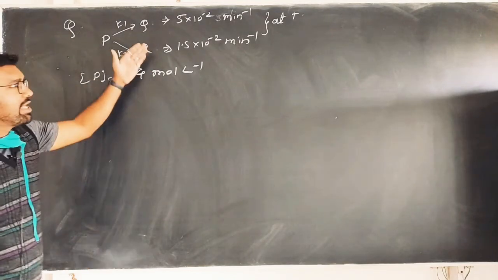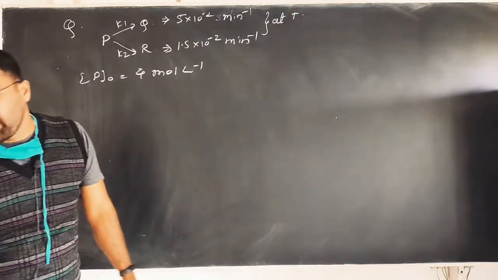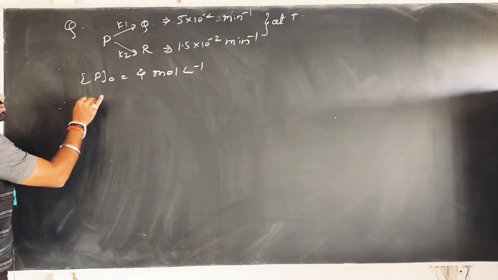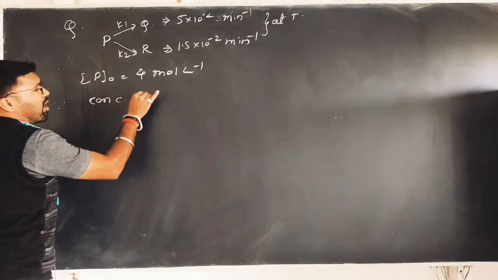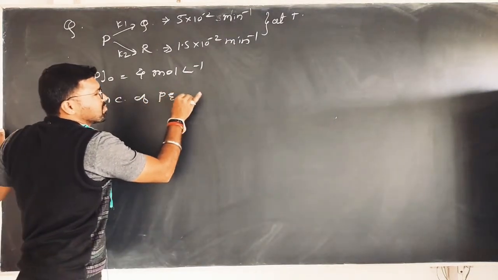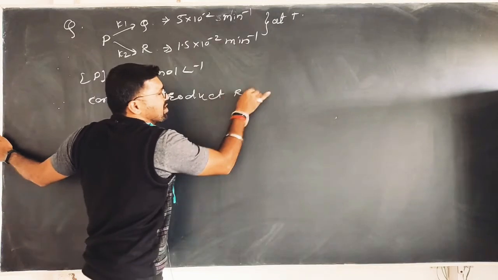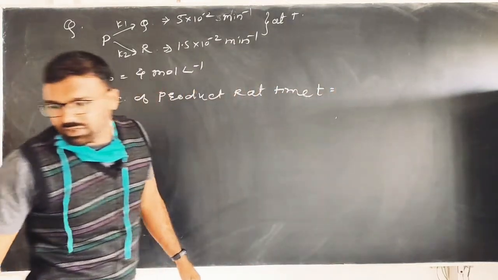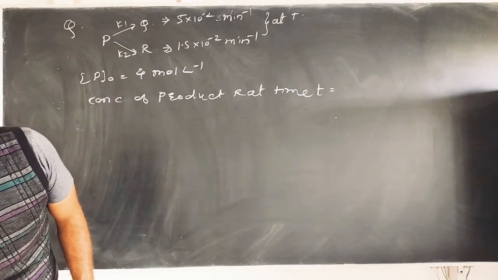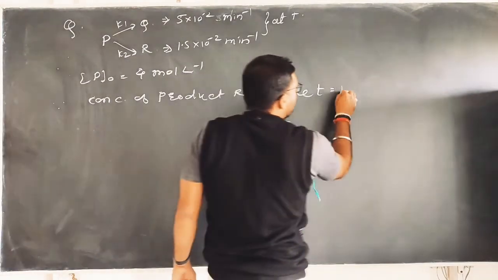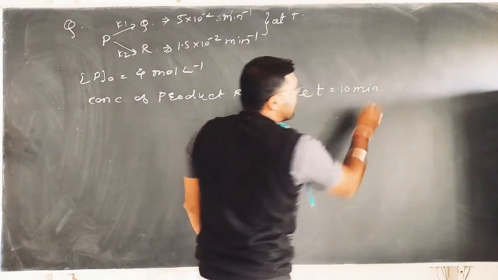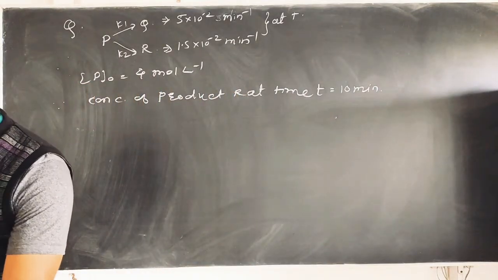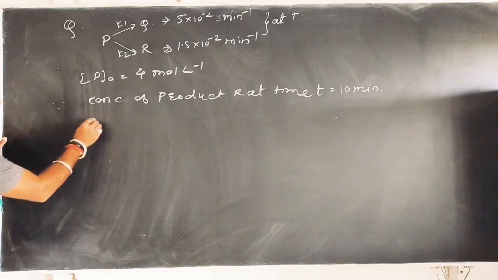We already studied all the formulas for this. So directly we have the formula for concentration of product R at time t, where the time provided to you is 10 minutes.